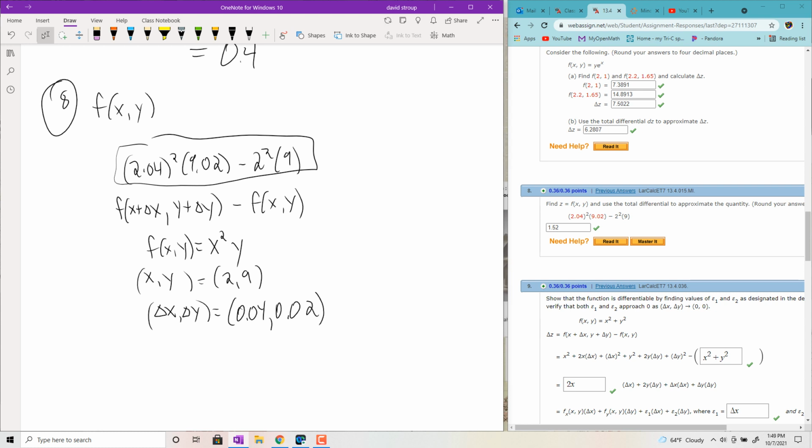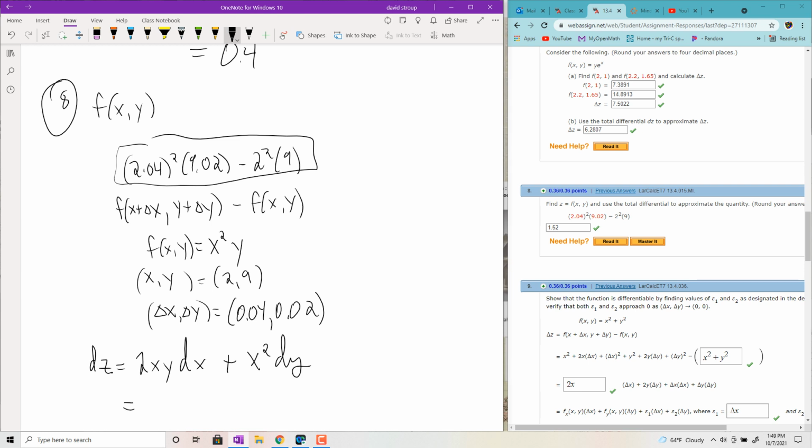Okay, so the total differential dz, or df, I'll just say dz, is going to be the partial of f with respect to x, so it would be 2xy dx, plus the partial with respect to y, which would be x squared dy. And then we're just plugging in the x, y, delta x, and delta y.